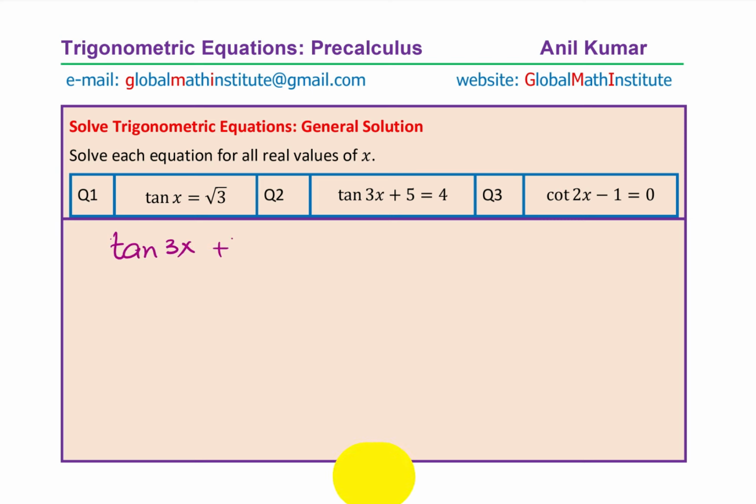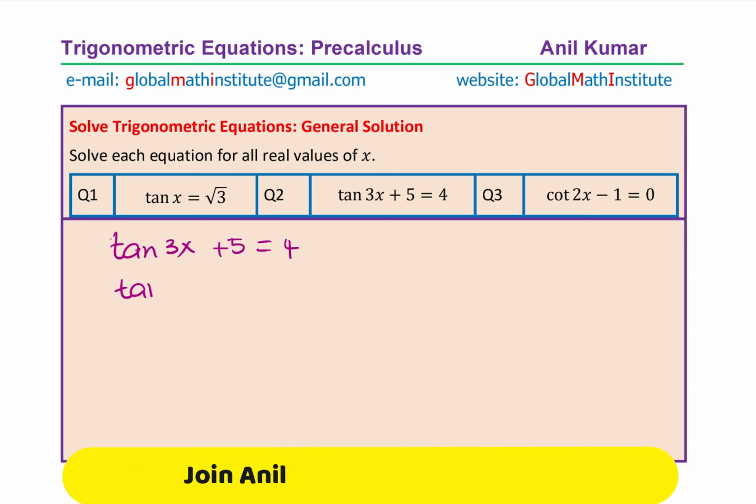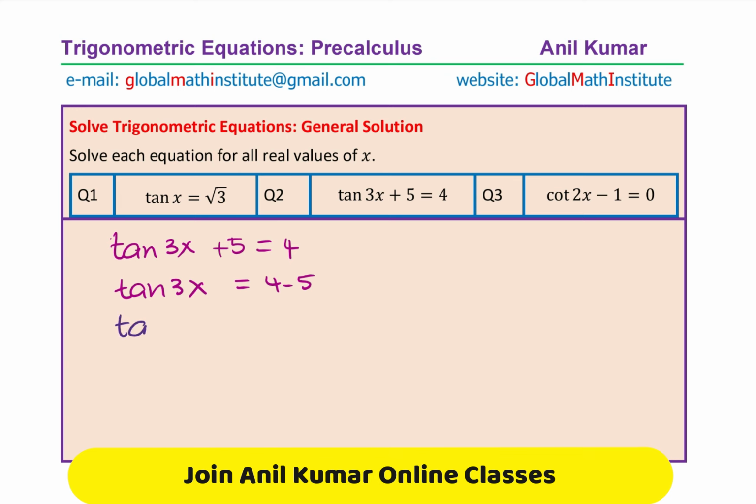Next question here is tan of 3x plus 5 equals 4. So let's rearrange. We get tan 3x equals 4 minus 5, which can be written as tan 3x equals minus 1.